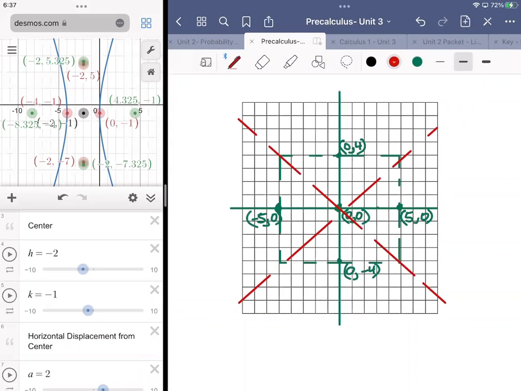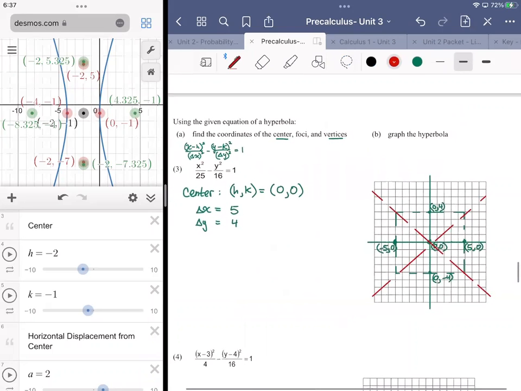All right. Now, since this is a hyperbola equation in which the x information comes first, this is one that'll open outwards. It's a horizontally oriented hyperbola.